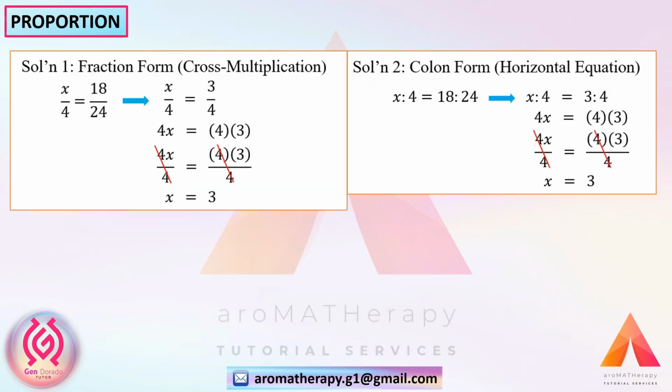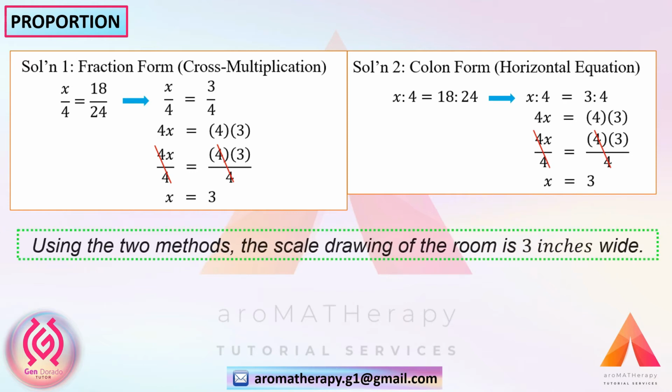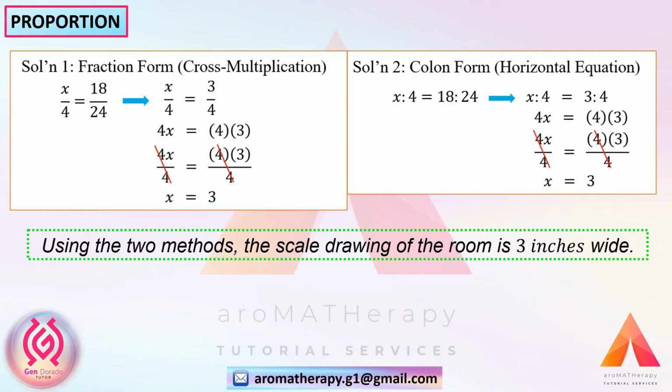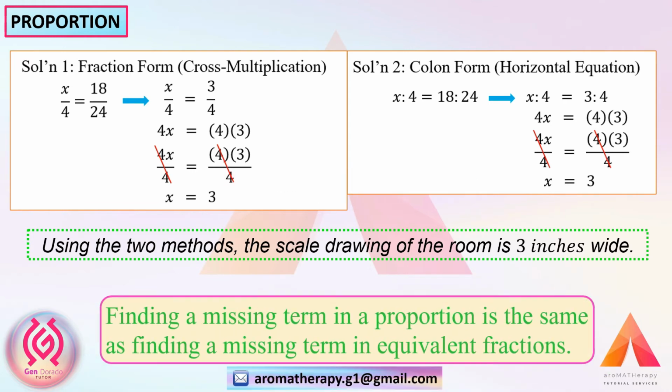Okay, let's review our answers. Take a look at these two solutions. Using the two methods, the scale drawing of the room is 3 inches wide. So we can say that in finding the missing term of a proportion, this is just the same as finding the missing term in equivalent fractions.